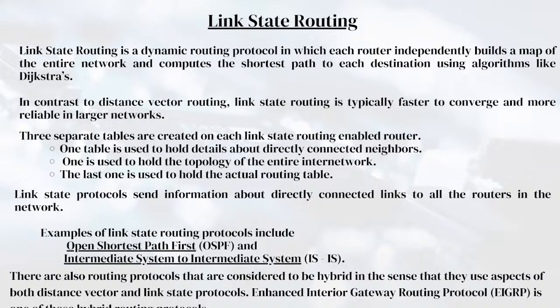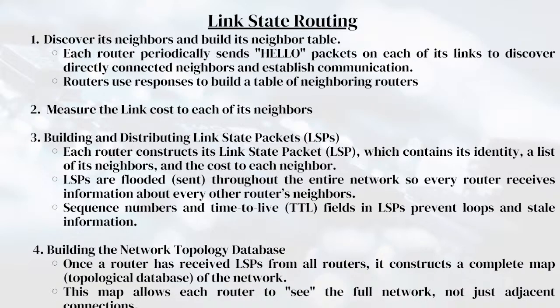These are also routing protocols considered to be hybrid, in the sense that they use aspects of both distance vector and link state protocols. Enhanced Interior Gateway Routing Protocol is one of those hybrid routing protocols.